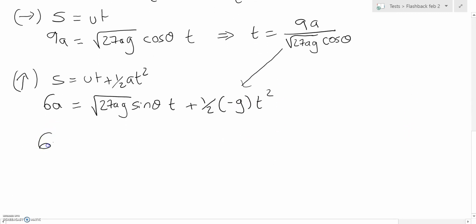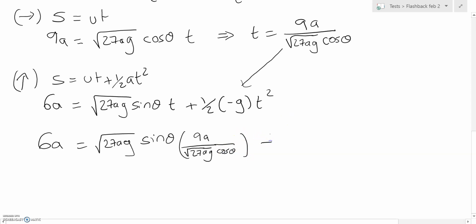What do we get? We get 6a is equal to the square root of 27 ag sine theta times t over the square root of 27 ag cos theta. It's minus g times a half, so that's minus g over 2 times t squared, which is 9a over the square root of 27 ag cos theta all squared.